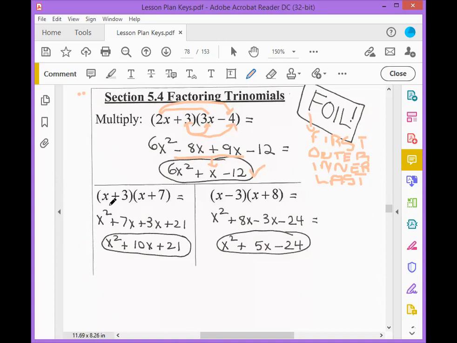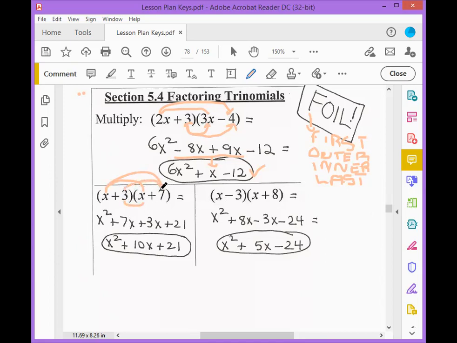Now we'll do that FOIL method again for the next two problems. First terms, x times x gives us x squared. Outer terms, x times 7 gives us 7x. Inner terms, 3 times x gives us 3x.